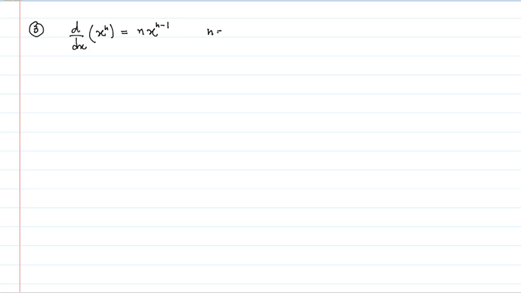Here n is any real number. We will now take examples based on this formula. The first example: suppose P is equal to K upon V, K is some constant.